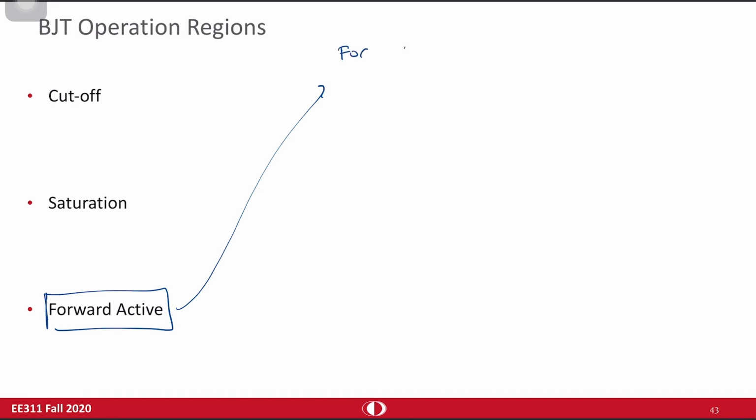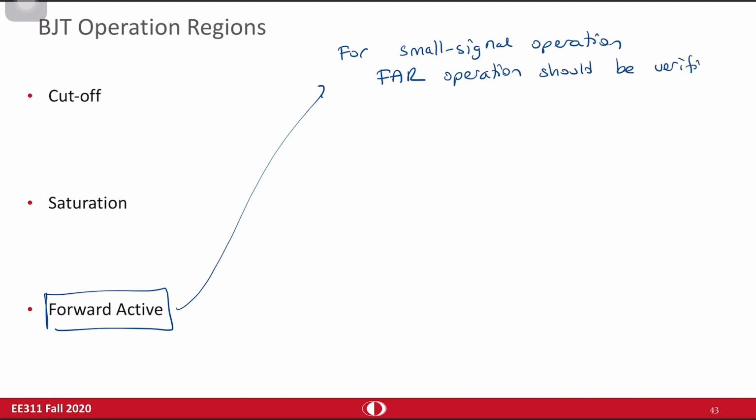For small signal operation, forward active operation should be verified for BJTs. And how do you verify it? First, you assume forward active operation. So set VBE equal to VBE on. This is number one.